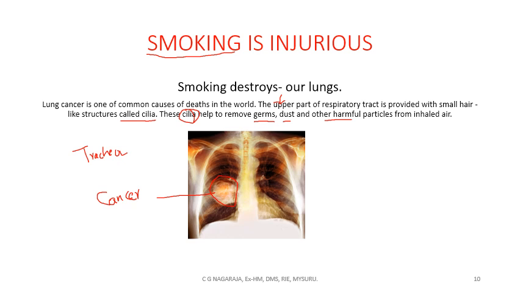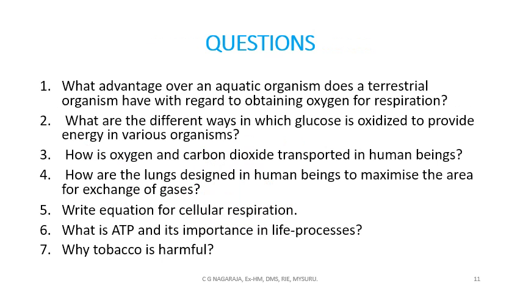Say no to cigarettes. Here are some questions I have shown you. Try to understand the questions and try to answer them. What is the advantage of having alveoli in human beings? That helps in increasing the respiratory surfaces. In what ways is glucose broken down?